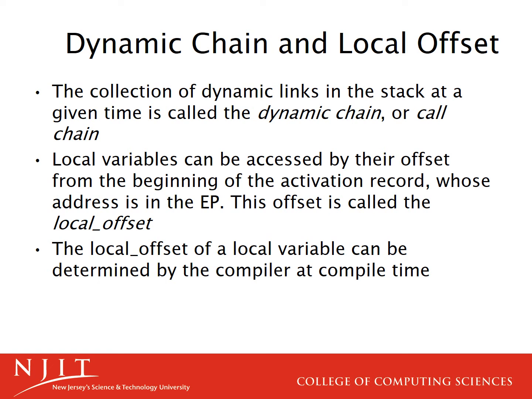Local variables are offset from the beginning of the activation record, and that's the local offset. The local offset of a local variable is known by the compiler at compile time. So whatever the value of the stack pointer is, wherever in memory a particular function is using the stack, the first parameter is always at a fixed offset from the beginning of the stack pointer.